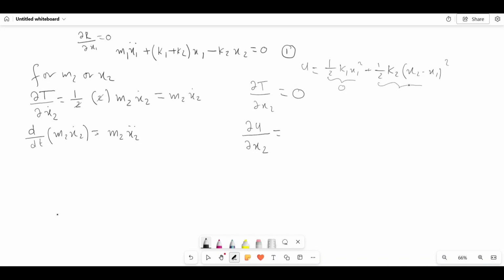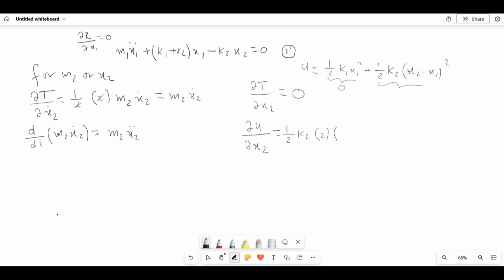Let's use the chain rule again. Let's write the half first here, half k2. We drop the 2 according to the formula. We go u prime. We differentiate what is inside. Because the variable is x2, x1 should be a constant, so everything there is 0.